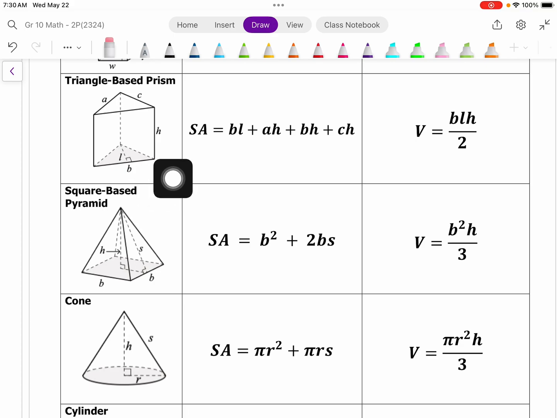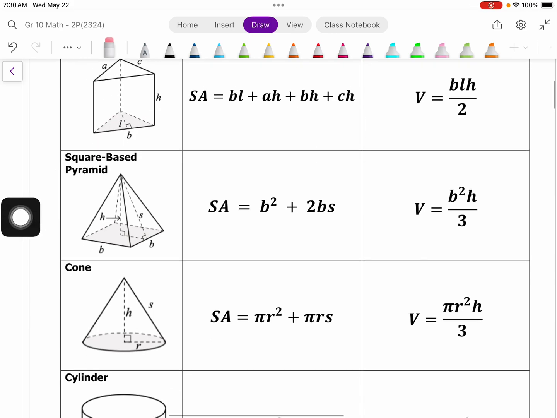So base times length divided by 2 times 2 is just base times length. So this is the area of the two triangles. And then there are 3 separate rectangles that the area is calculated for and added together.